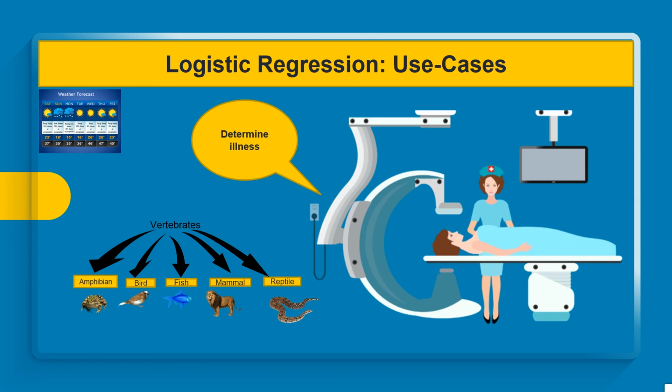All these features will be recorded by the doctor, and finally the doctor checks the patient data and determines the outcome of an illness and the severity of the illness. So using all the data, a doctor can identify whether a patient is ill or not. So these are the various use cases in which you can use logistic regression.